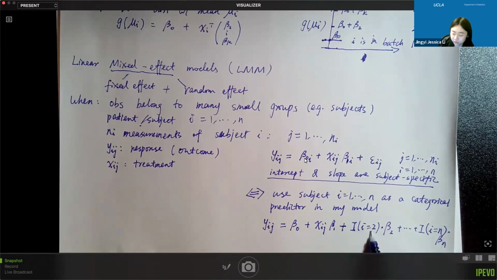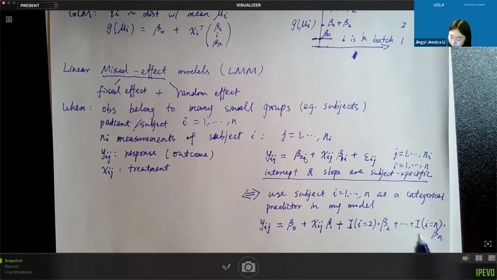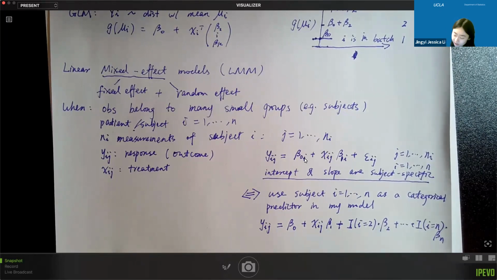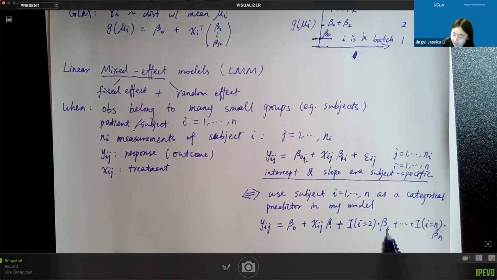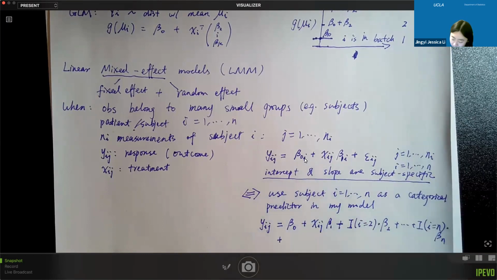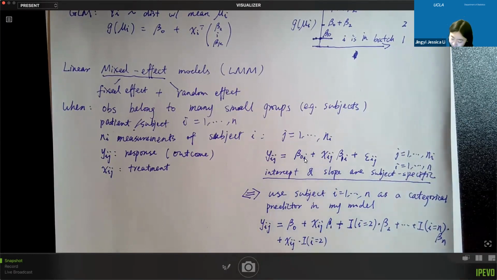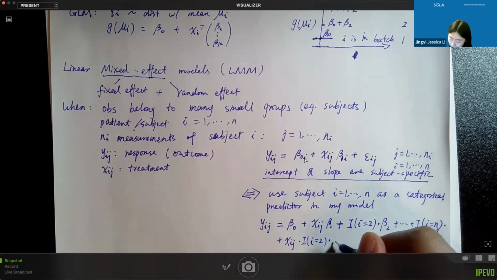Is it 2? No. Or yes? Is it 3? Yes or no? Is it n? Yes or no? So I have introduced those coefficients. You see, these are essentially modifying the intercept, because whenever one of them is yes, this is added to the intercept. And then I can have the interactions, that is xij times the indicator that i is 2, and I call this beta 12.